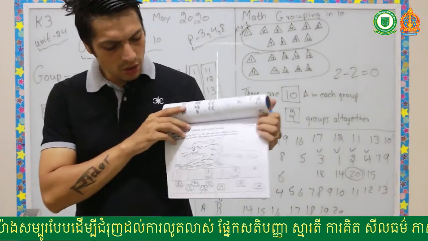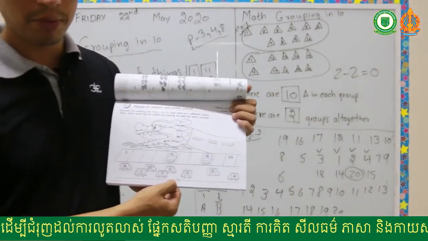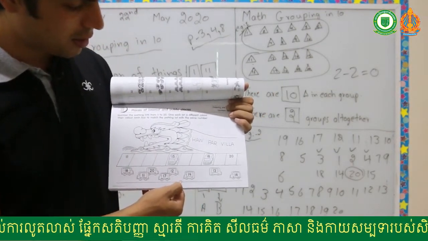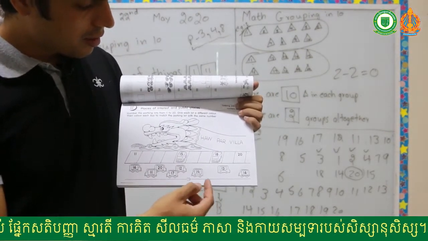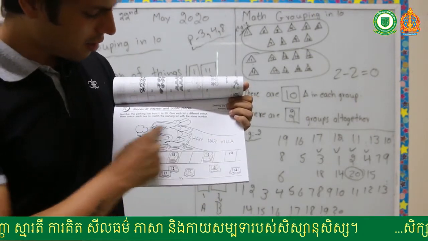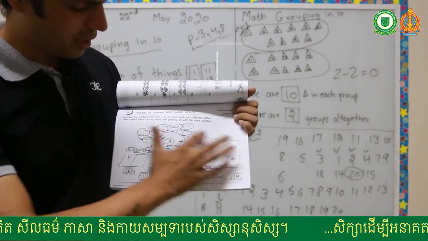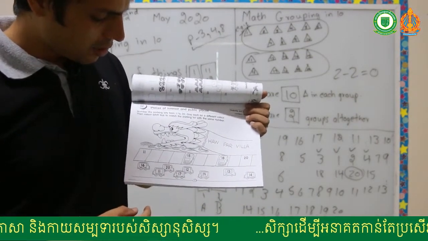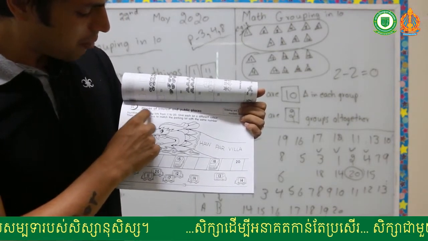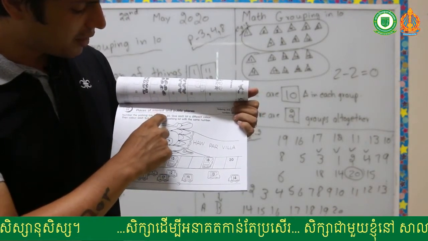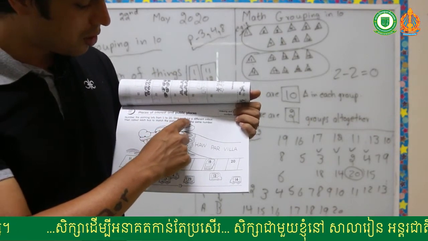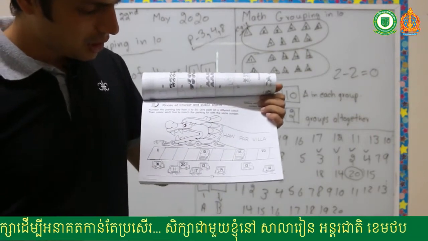Your first homework is on page number 7. This is a picture of a villa. They have numbered the parking lots from 11 to 20. Give each lot a different color.